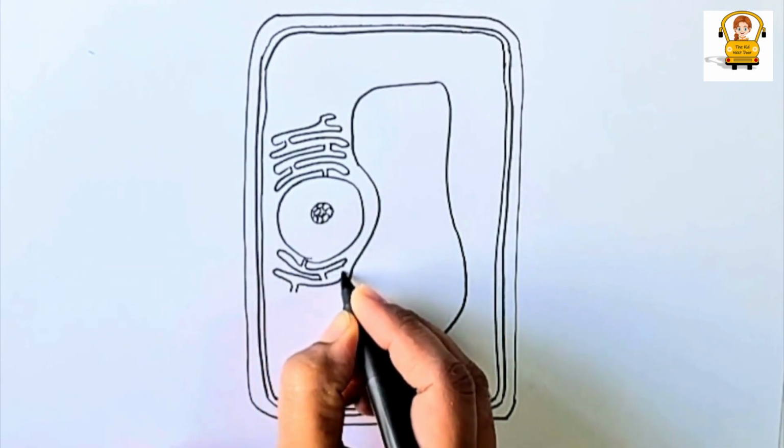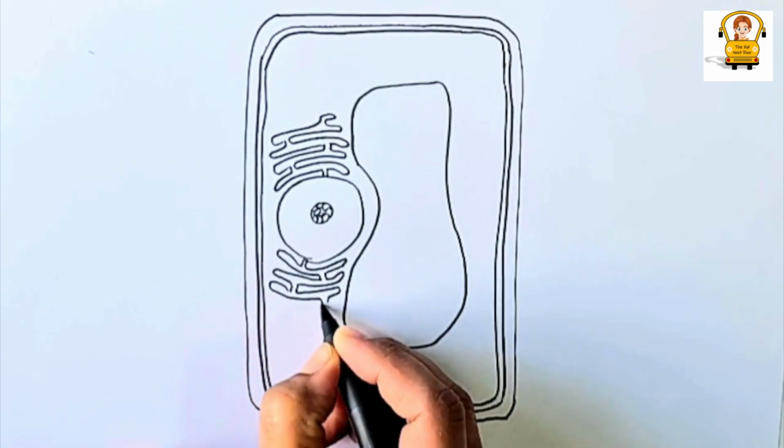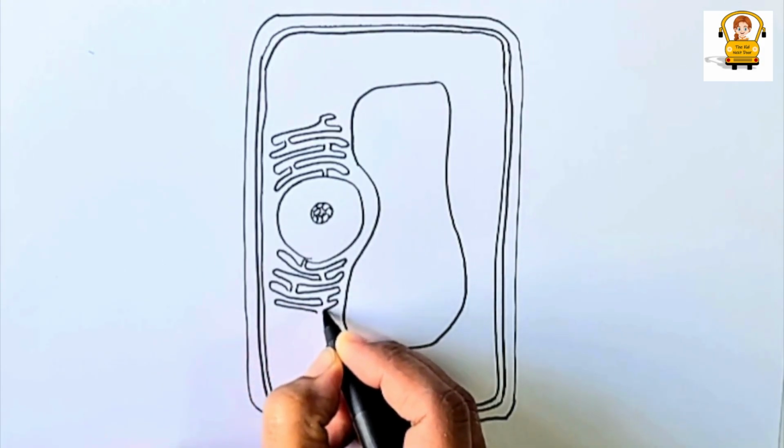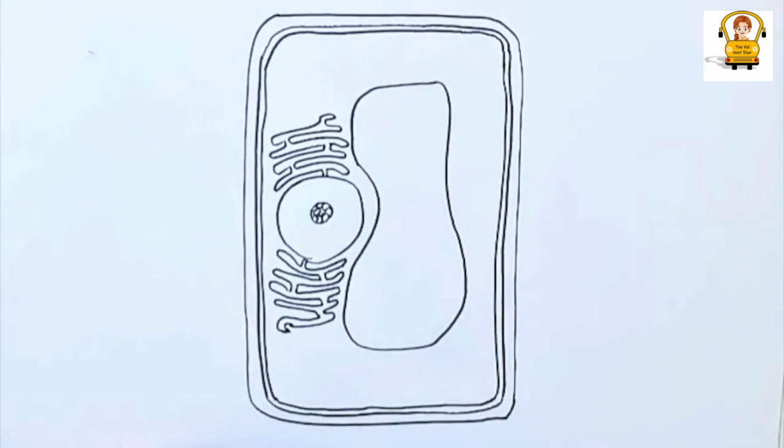So in this way, we'll draw these thin folded endoplasmic reticulum membranes on both sides of the nucleus.